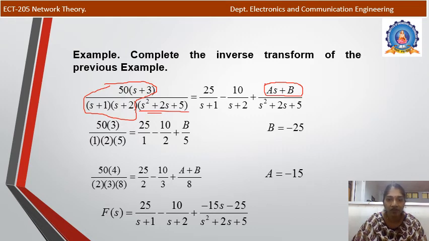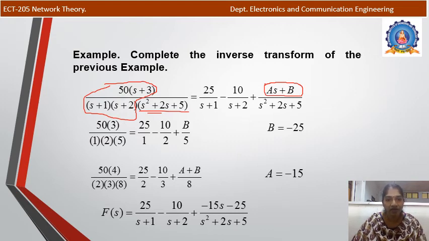Whatever the degree of the denominator polynomial, one degree less than this should be in the numerator, right? So that will be the residue or remainder we get in the division. Okay. So we have already found all this, and next you have to find a and b using substitution techniques.